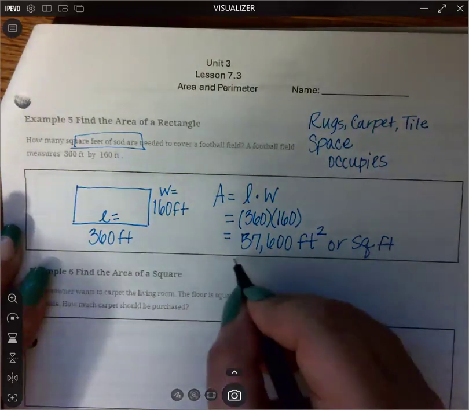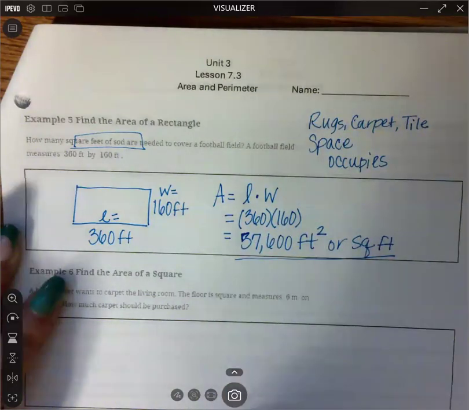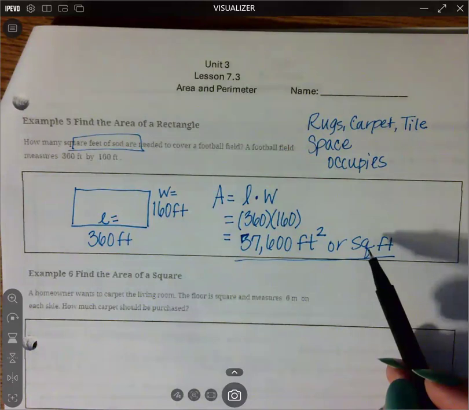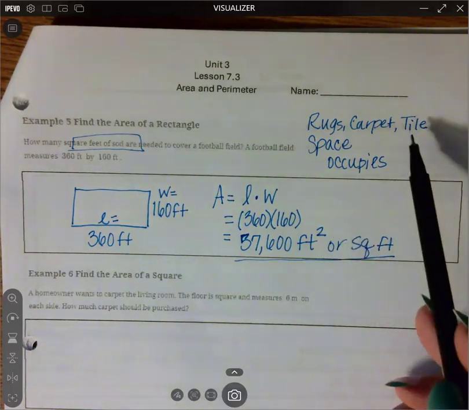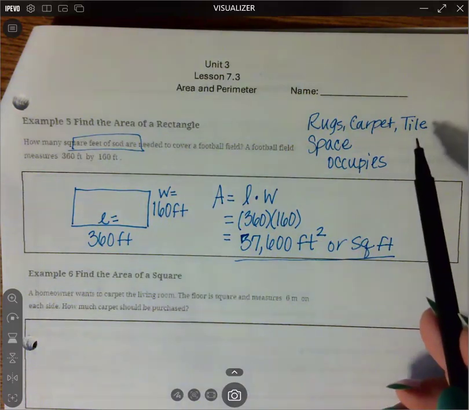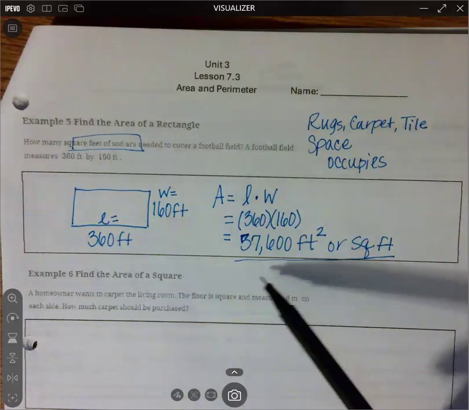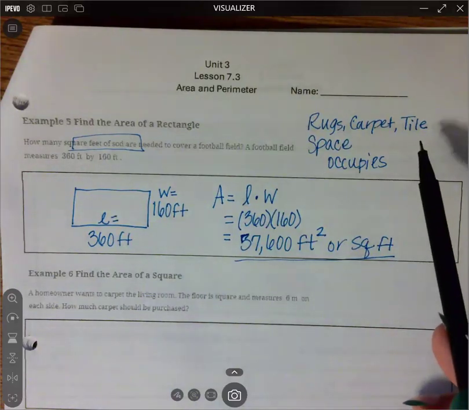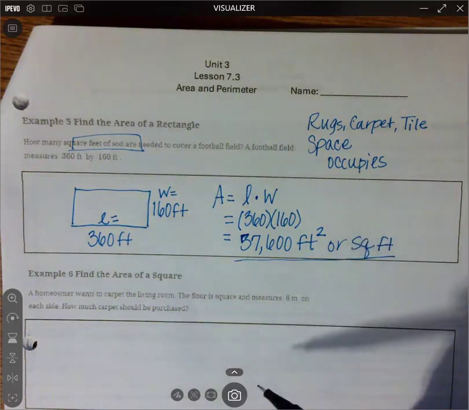You can use either label for area, but again, we're talking about how many square feet will fit inside of this football field. So think of square tiles and how many of them we would need. So we would need 57,600 1 foot by 1 foot square tiles of sod to cover a football field.